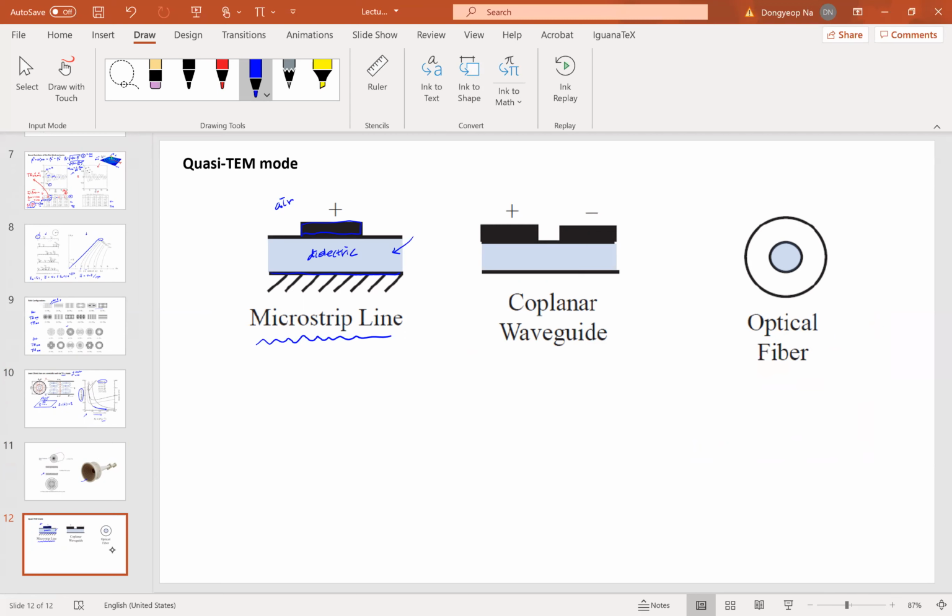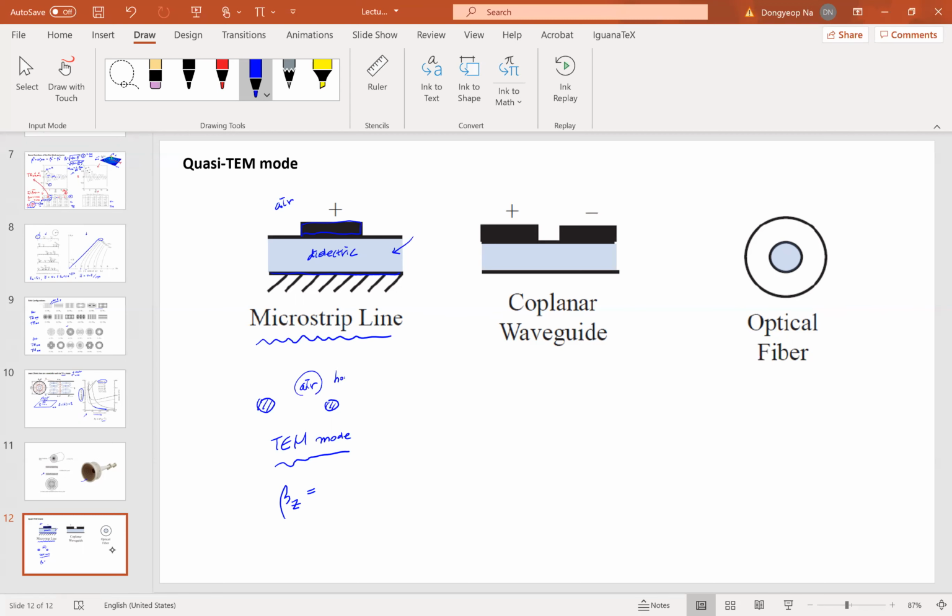We have studied that if we have two metallic rods, then TEM mode can be supported in the air. TEM mode has the distinct property that its propagation constant should be the same as the phase velocity of this medium.